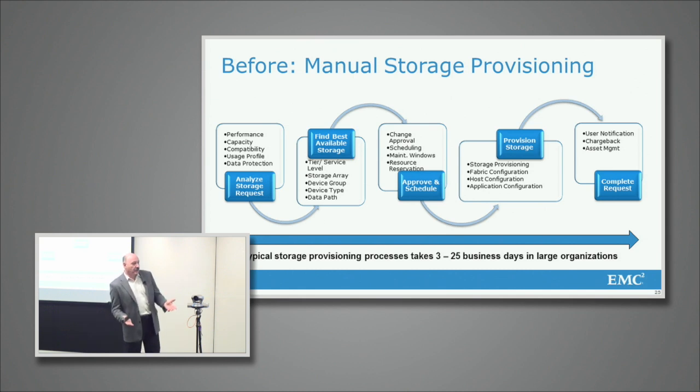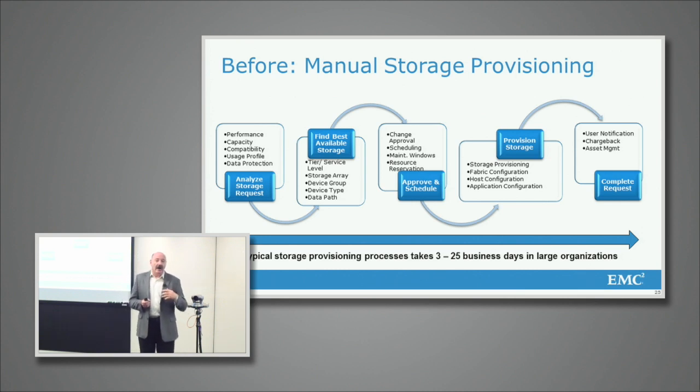Even after the storage is provisioned, the nightmare hasn't stopped yet, right? The storage now needs to be connected to the hosts that requested or managed by the requester. So the appropriate SAN fabrics need to be identified, the path identified, the connections established, and then masked and zoned to provide access from the application host to the storage volume or the file system.